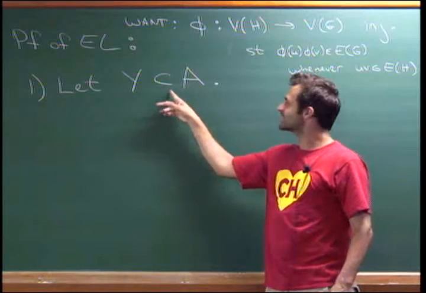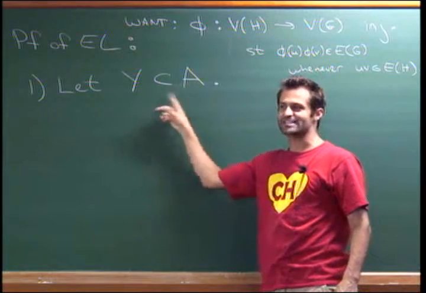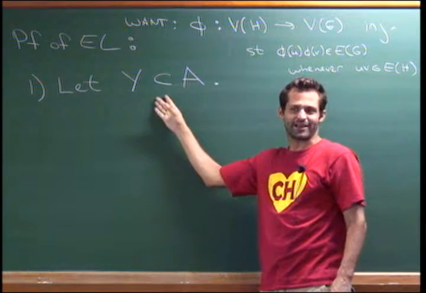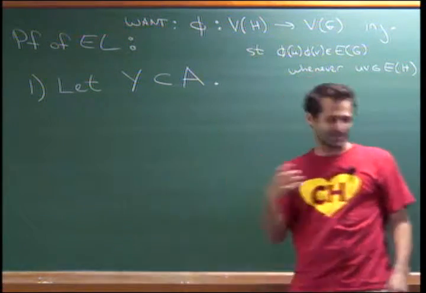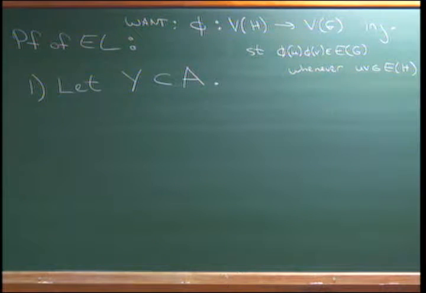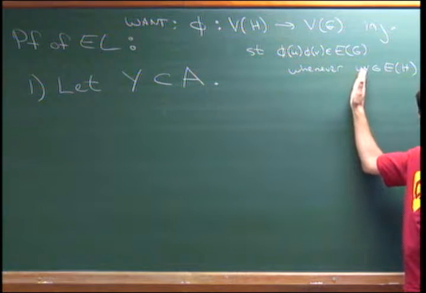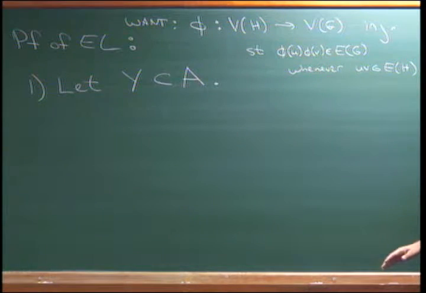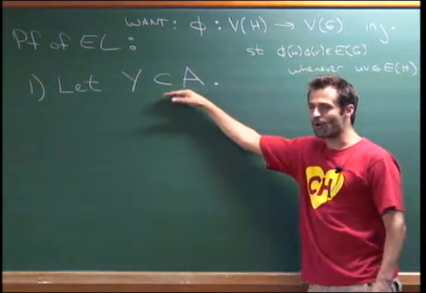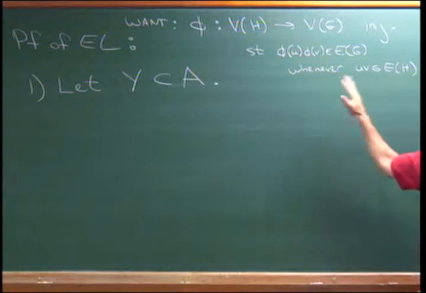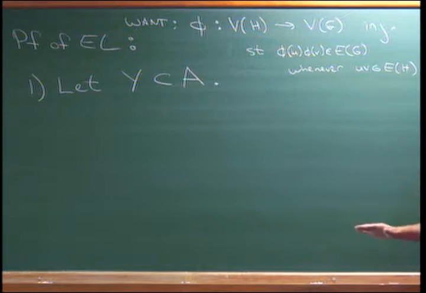This is not a precise statement. This is some nonsense, but it's what you should think. You should think that I'm picking a subset of A, and that's Y. That's half the vertices of H. But if you're worried about being rigorous, then you should be thinking in these terms. So anyway, I'll perhaps go on being a little hand-wavy, and you can complain if it doesn't make sense.